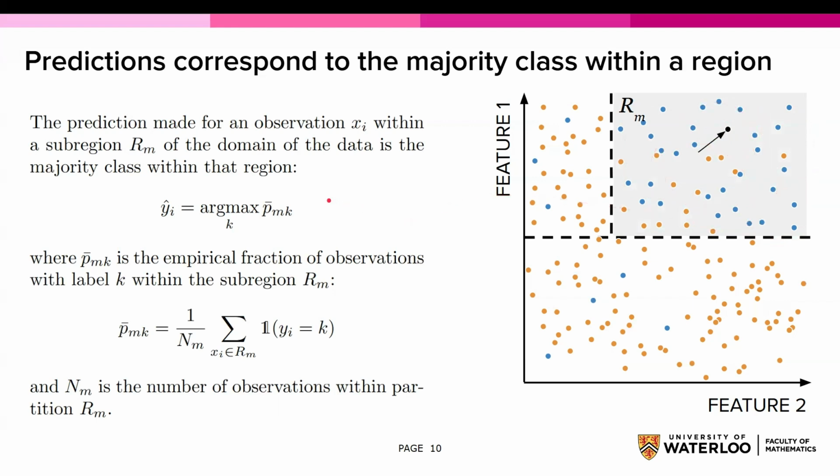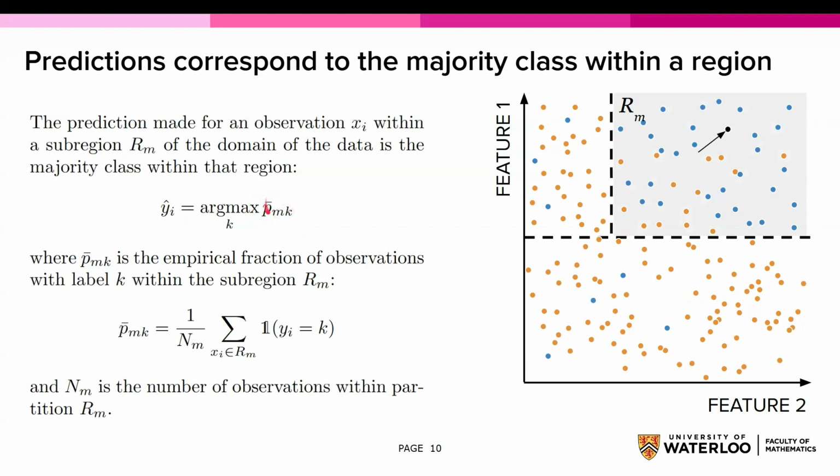So, rigorously stated, the label y_i assigned to an observation is determined by looking at the empirical fraction of observations within each class label in that region. This is the empirical fraction p_mk.